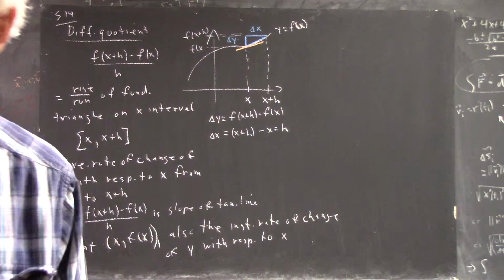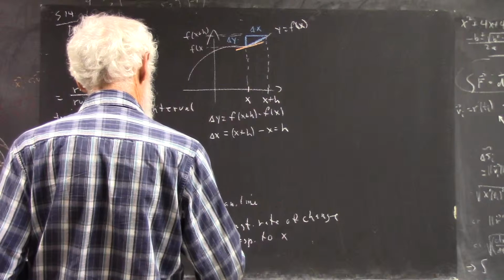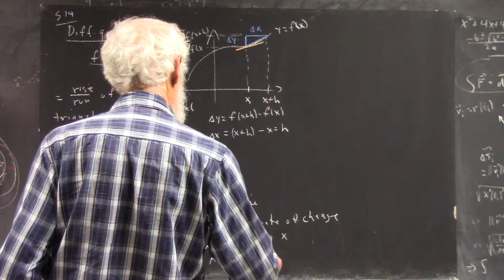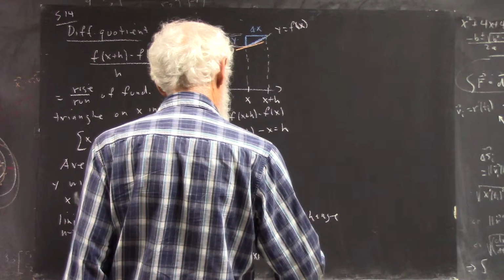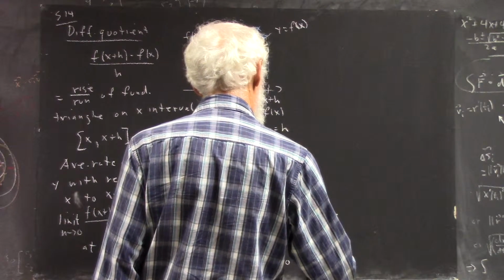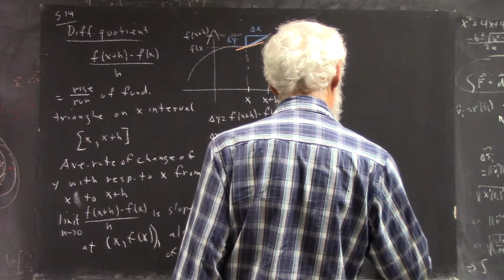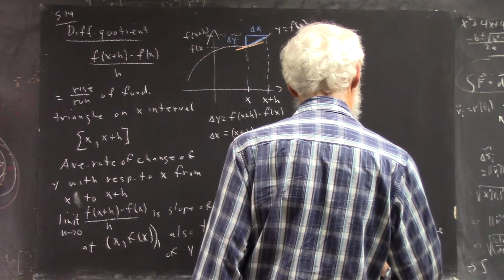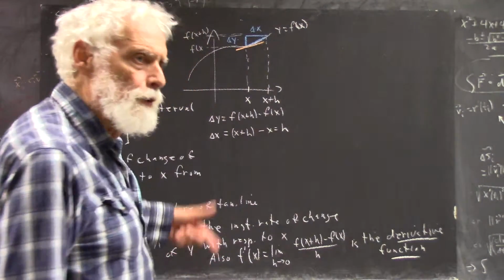Now, you want to delve into it a little more. We know also f prime of x equals the limit as h goes to 0 of f of x plus h minus f of x over h, is the derivative function, which is the rate of change function.